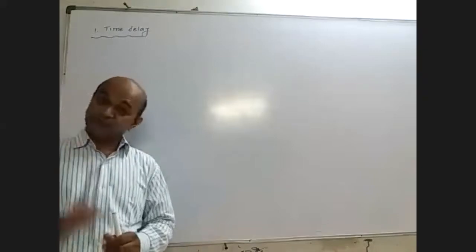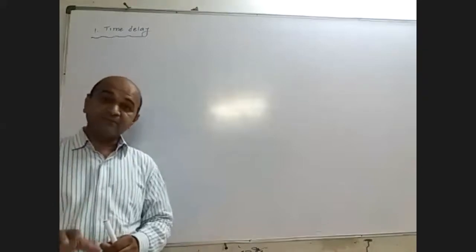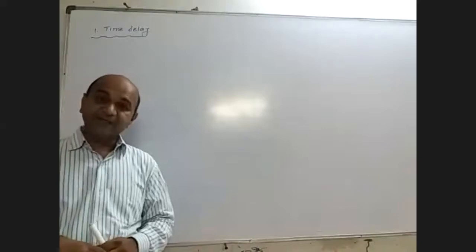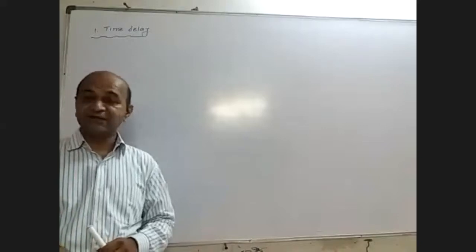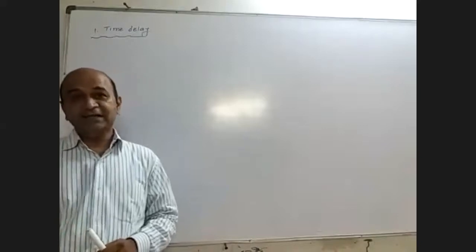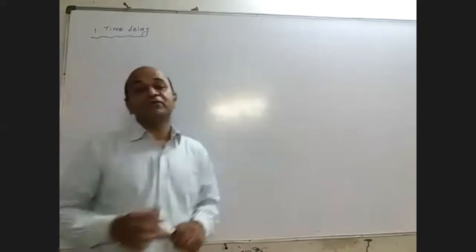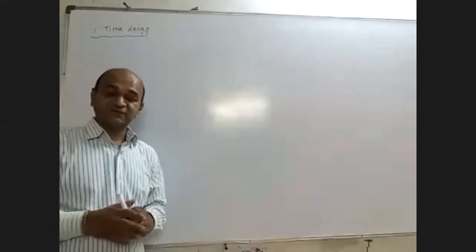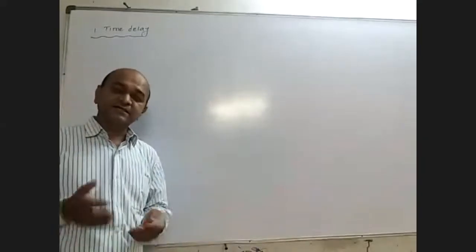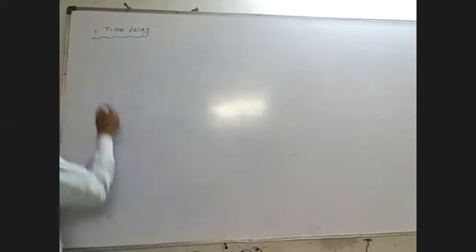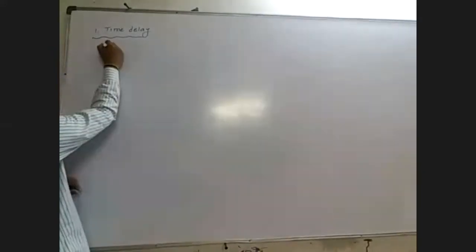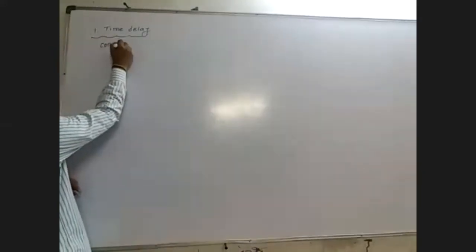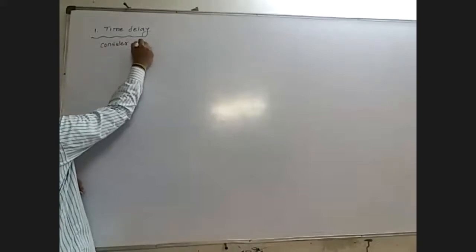You should be able to understand what kind of delay will be introduced in the signal. That is why the time delay operation is one of the important parts of the discrete time basic operations. Now, how can you understand this delayed signal? For that, we first consider a discrete time signal.